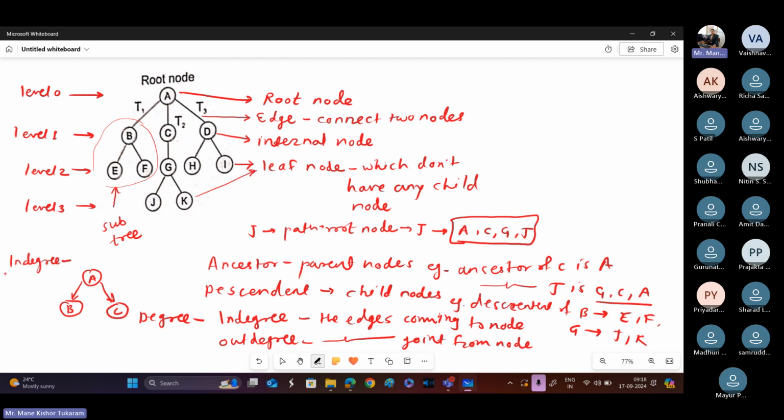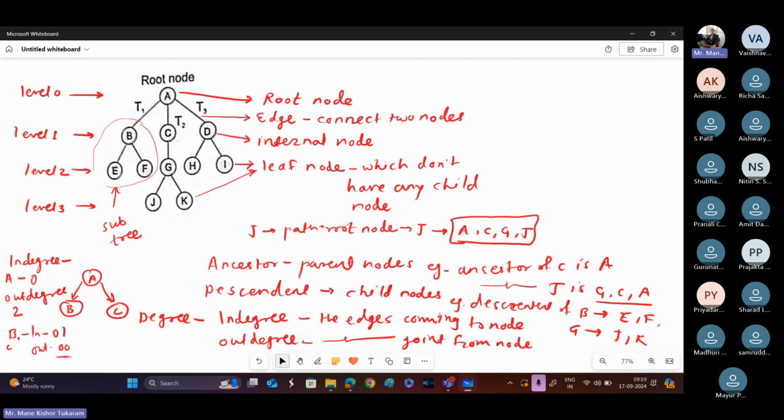The in degree of A, that is the edges coming to the node, is 0, but the out degree is 2, because two edges are leaving that node. That's why the out degree is 2. For B, the in degree is 1 and the out degree is 0. So for B and C, these are the calculations.